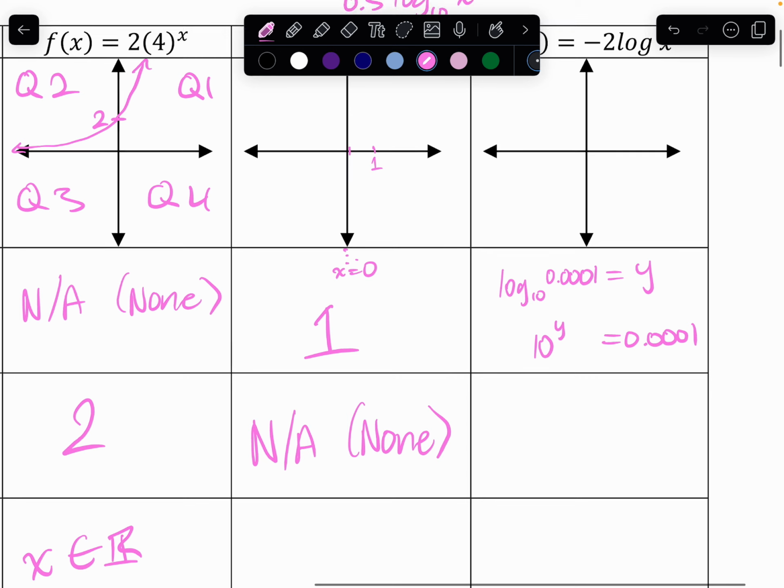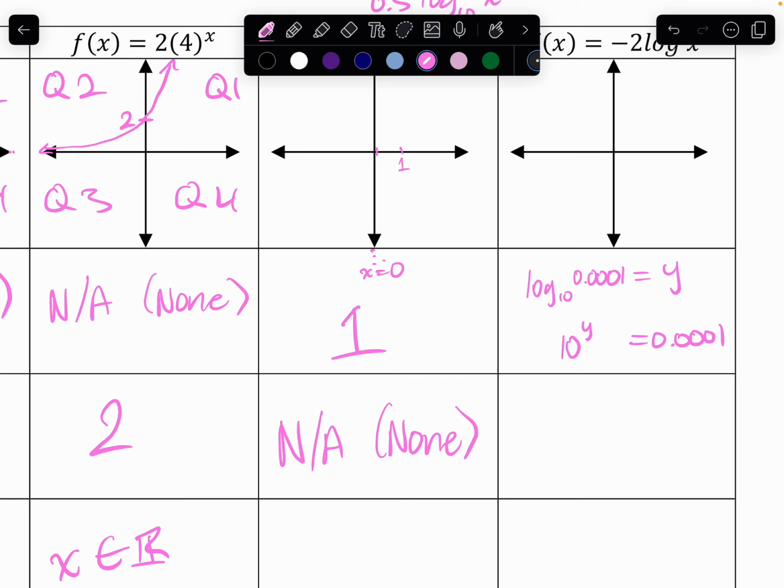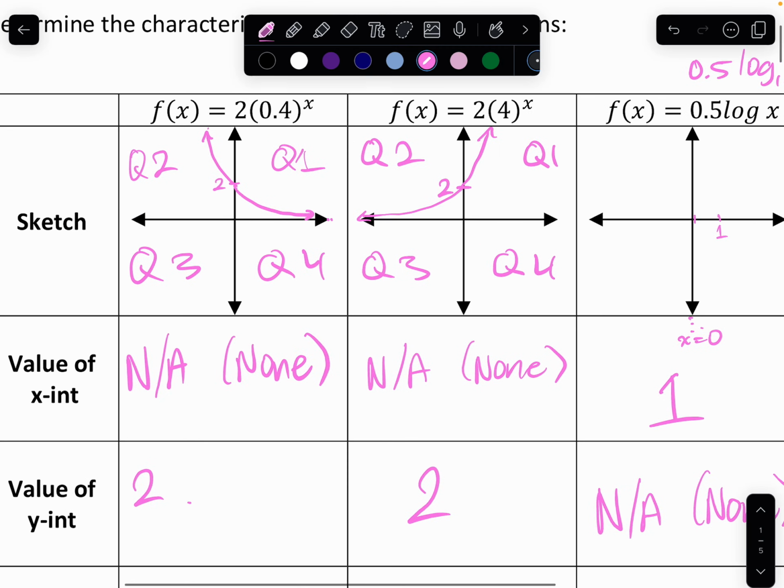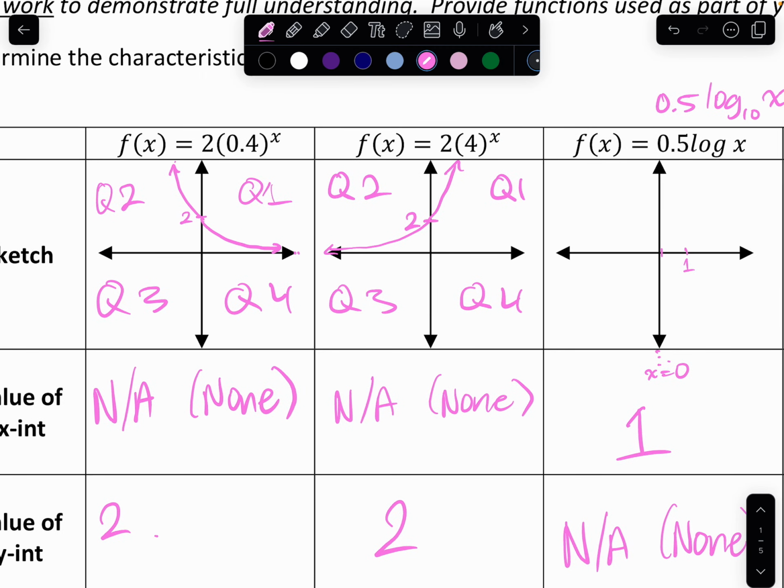So 10 is a decently large number, but it's way bigger than 0.0001, right? So it's getting a lot smaller. It means it's moving down towards the negative side. It's becoming a very negative number, right?